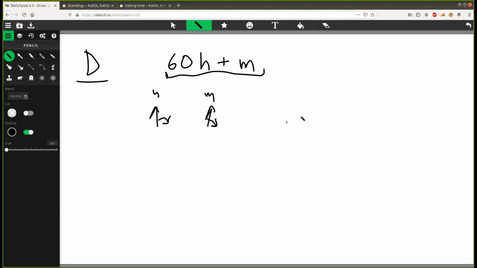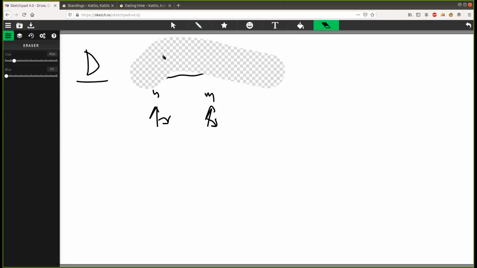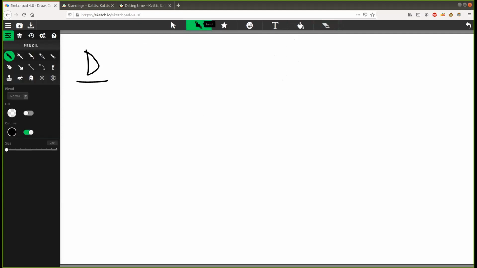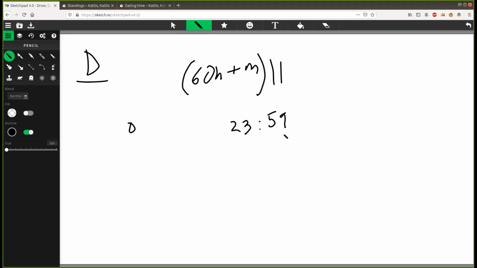So basically you enumerate through all those time instants and check their angle? Yeah, instead of the moment of time being defined by 60h plus m, I define it by multiplying this by 11. Then I check all possible integers between time 0 and the time given by 2359, or maybe it was 2400.